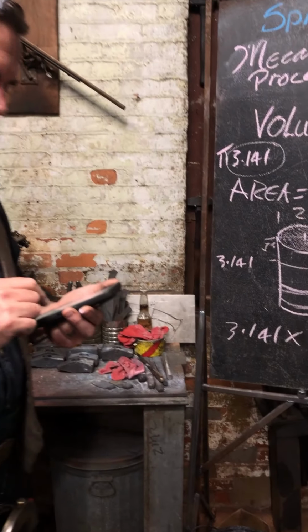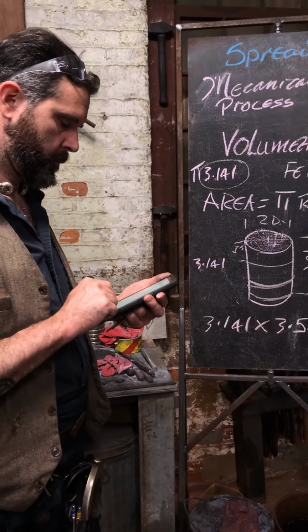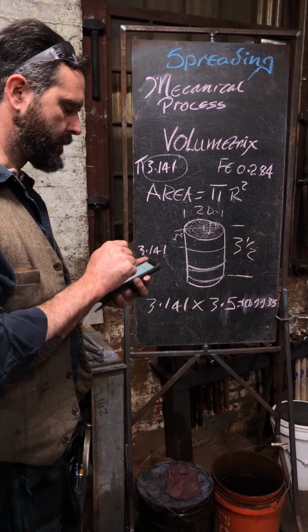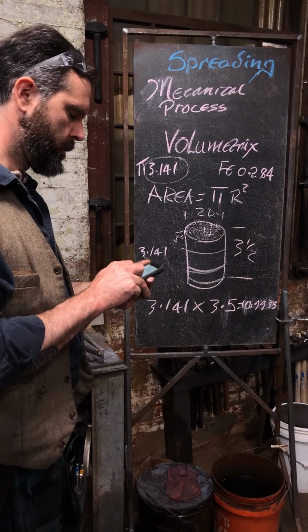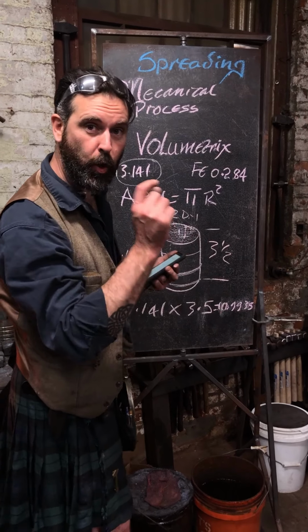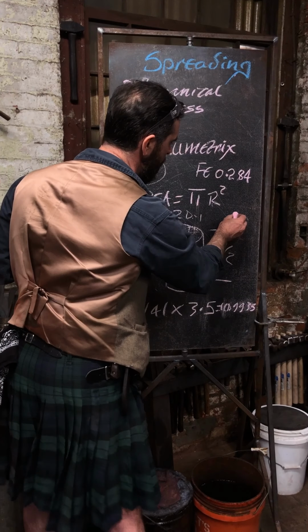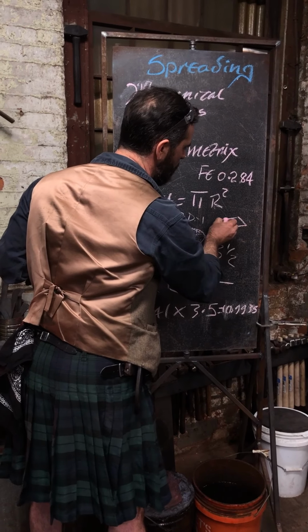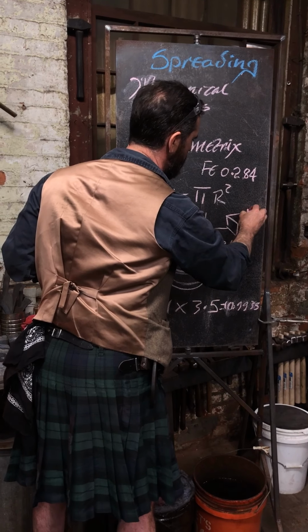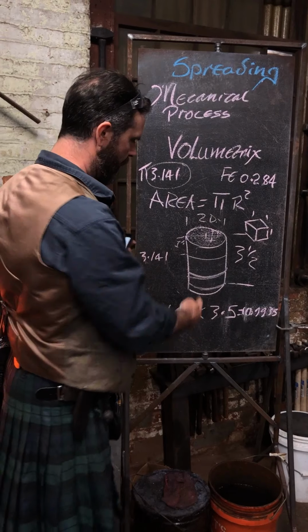Okay, and then that is times by, just remember, this is how many cubic inches, so how many 1 by 1 cubes are in this.